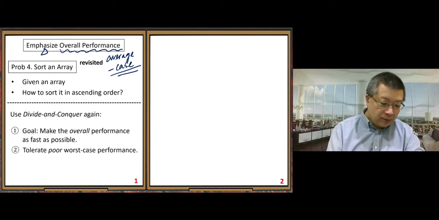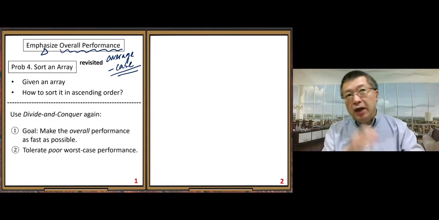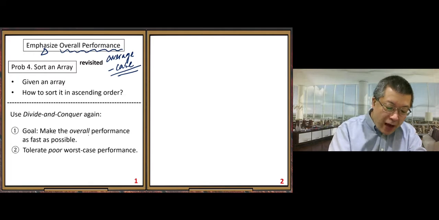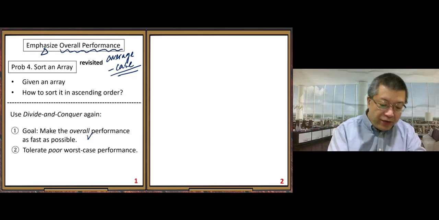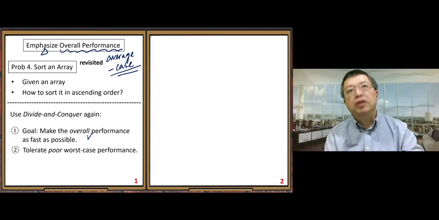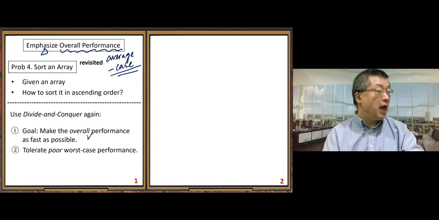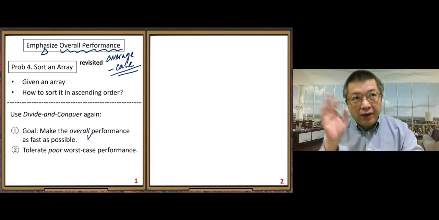In order to get a very fast algorithm with good overall performance, we may need to sacrifice a little bit. You have to sacrifice somewhere else.